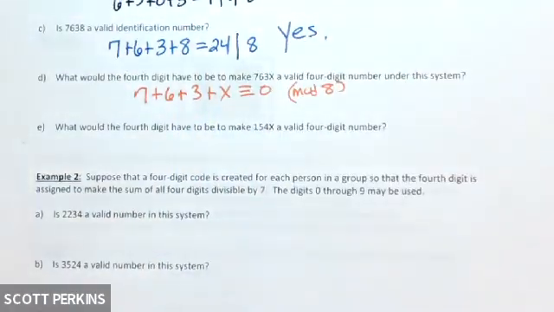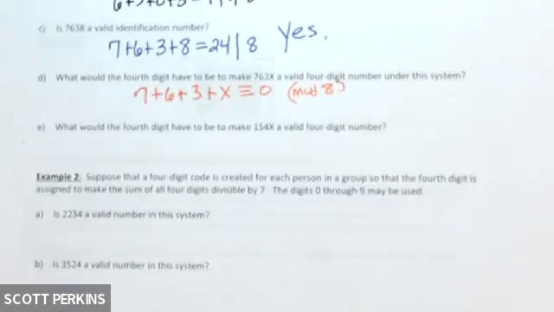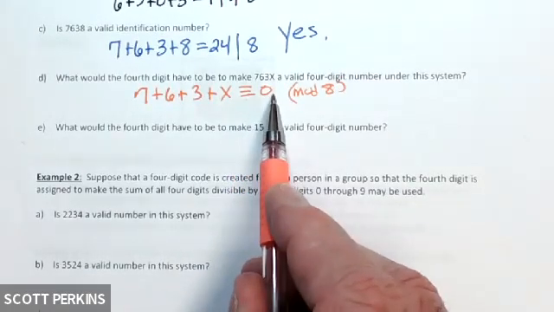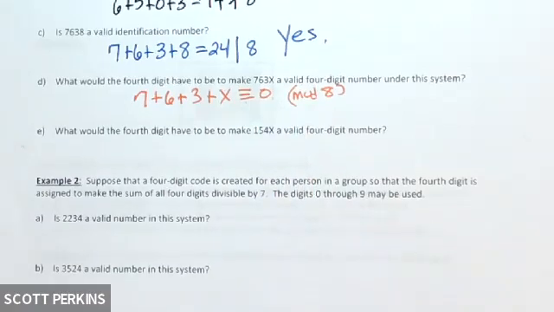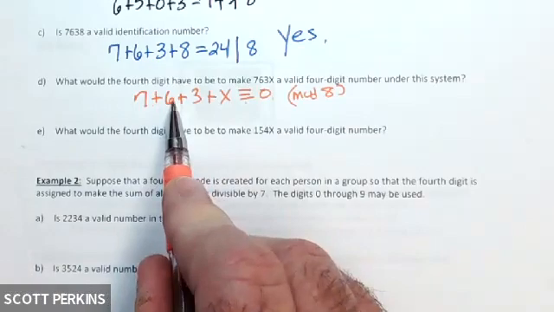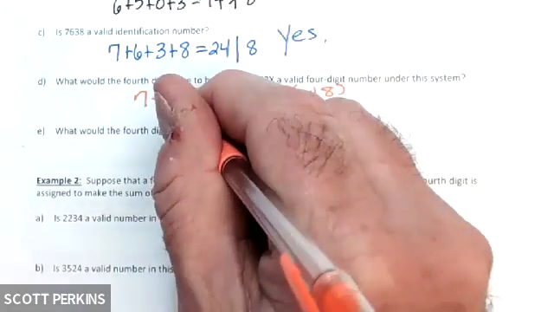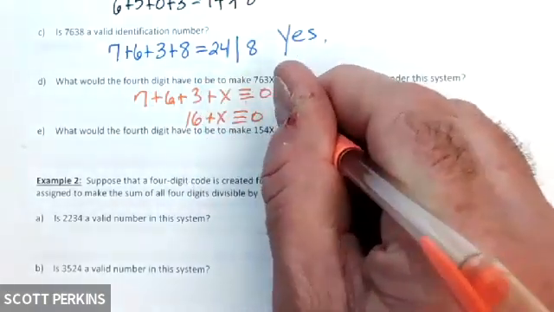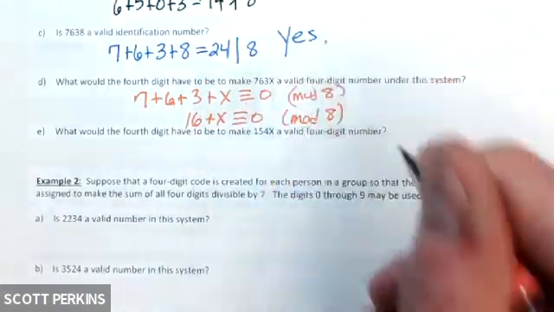Remember, what does congruence mean? Congruence means what the remainder is. So this is saying it has a remainder of 0 mod 8. So I've just written it mathematically. So 7 plus 6 is 13, plus 3 is 16. Now, at this point, you have an option.